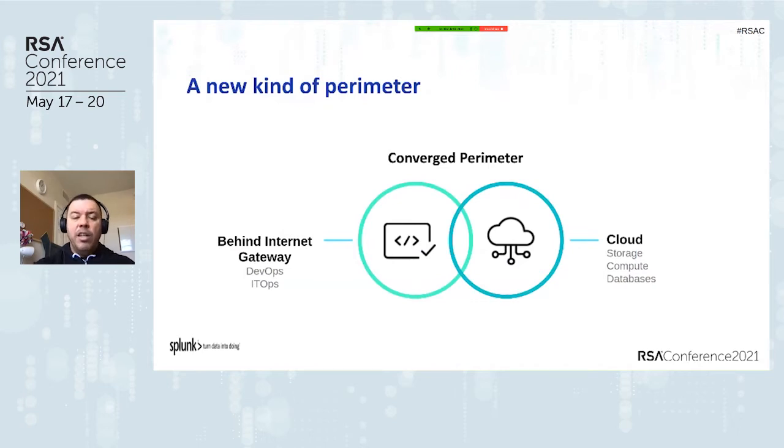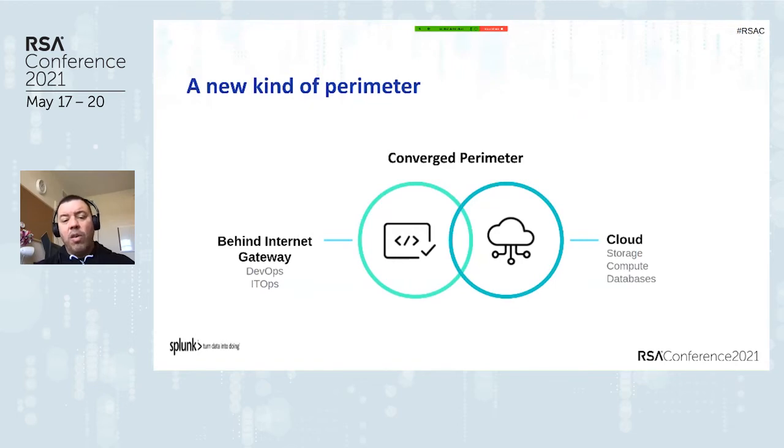Looking at what I just presented in terms of IT operations and DevOps, these two processes have something in common. Most of them nowadays are linked one way or the other to cloud providers. We used to talk about the perimeter that ends at your gateway.